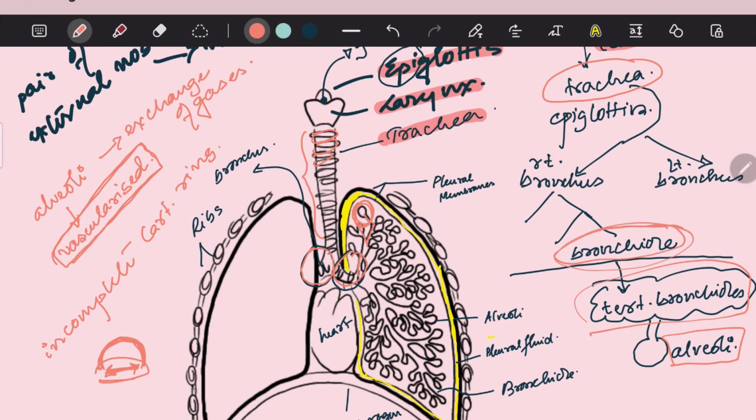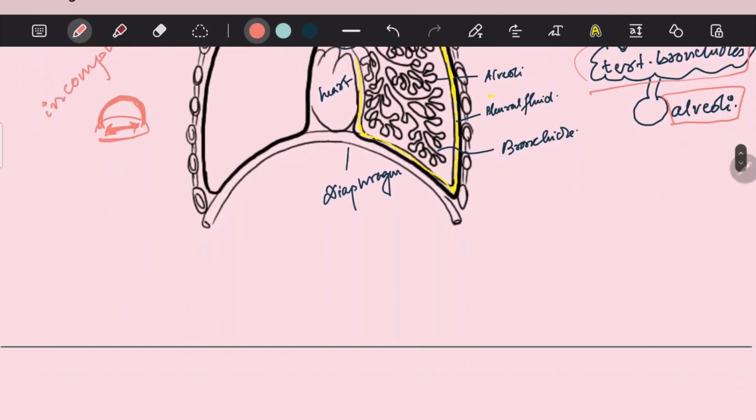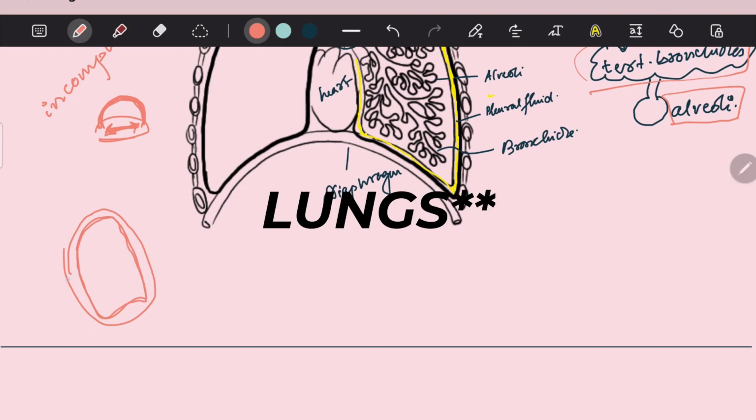Now, if we talk about the lungs in particular, just like the heart as we discussed, they are surrounded by two layers of pleura. One layer is in complete attachment with the lungs, and the next layer is around it, and in between there is the pleural fluid.